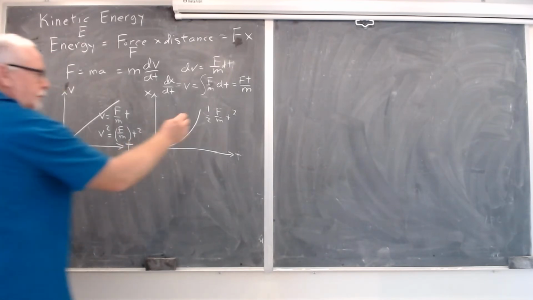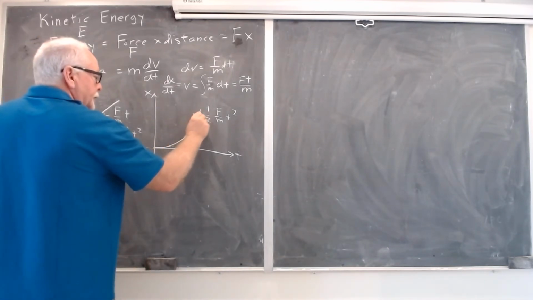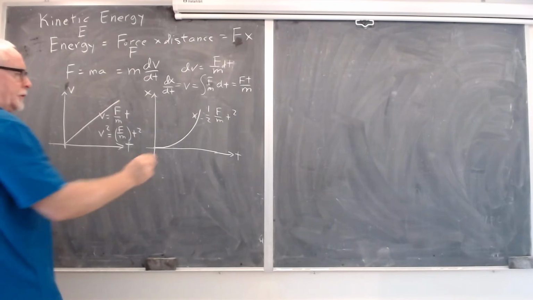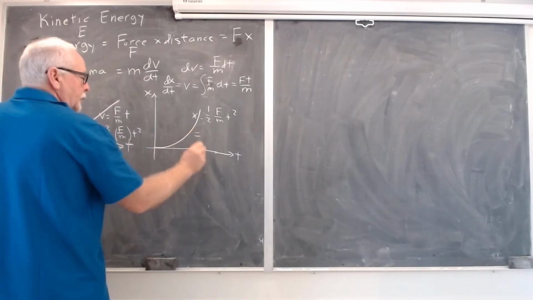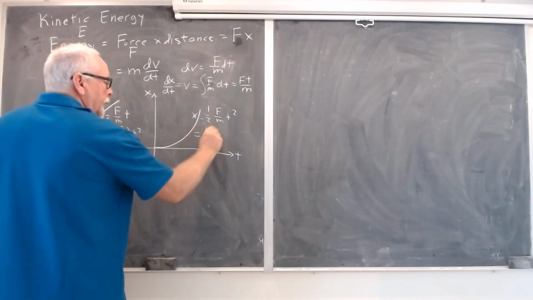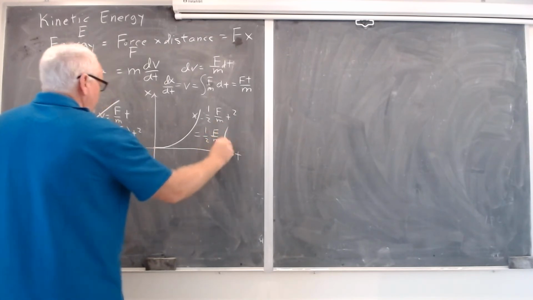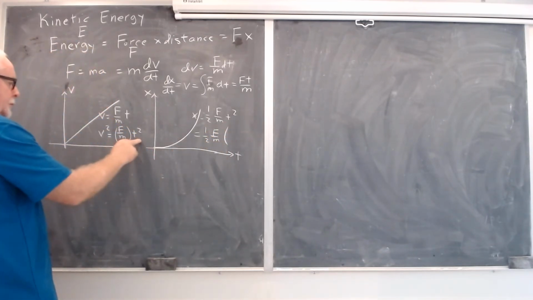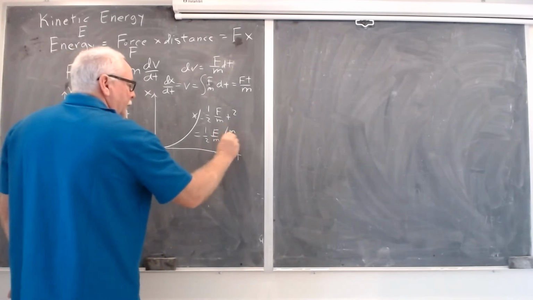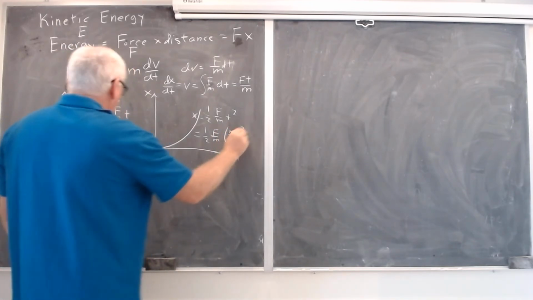And so if we write down that x is equal to 1/2 F over m t squared, that's equal to 1/2 F over m times t squared, m over F squared, v squared.